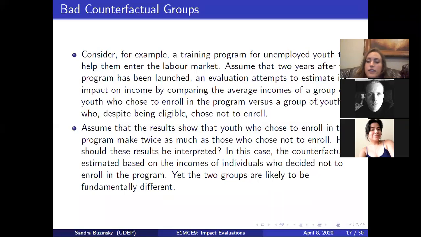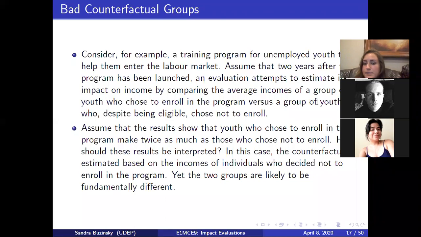And so is that driving the effect of differences in outcomes, or is it the training program? That becomes the question. So assume that the outcomes show that the youth who chose to enroll in the program make twice as much as those who chose not to enroll.